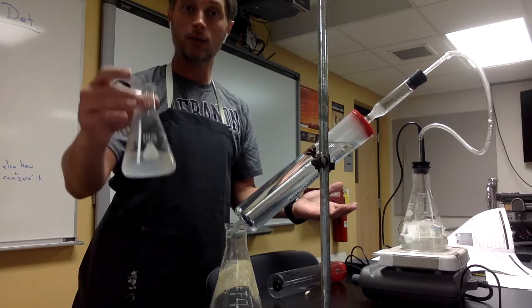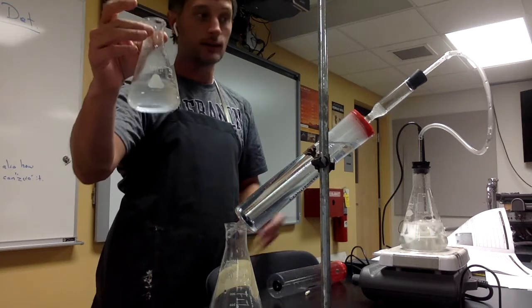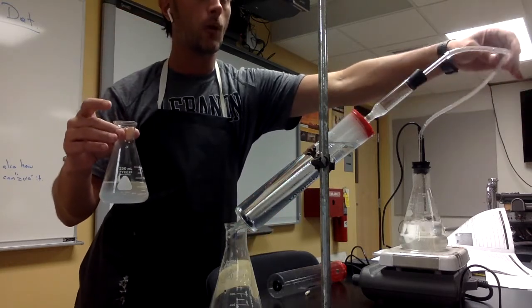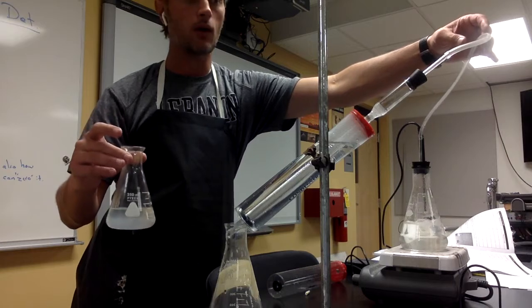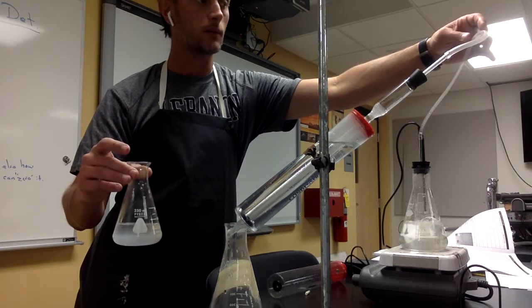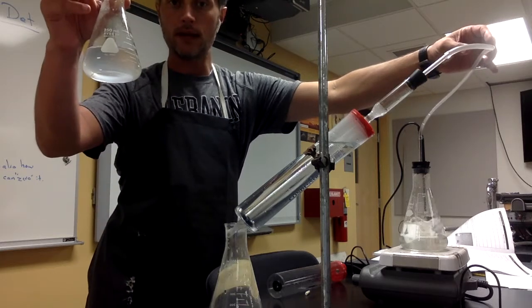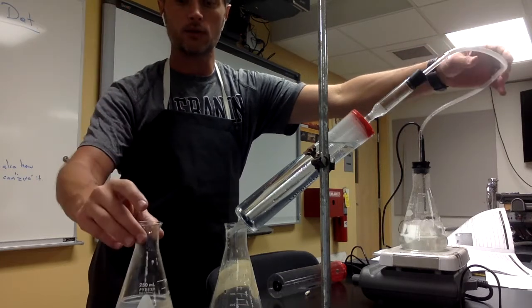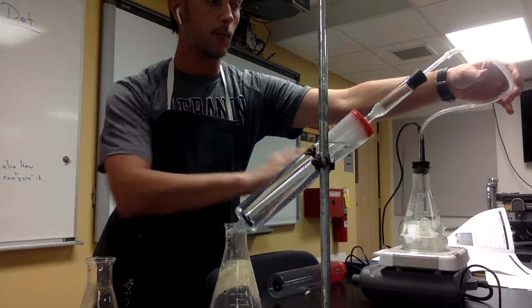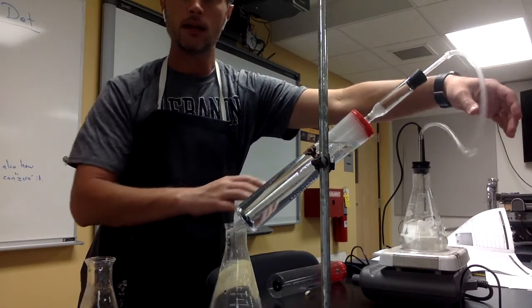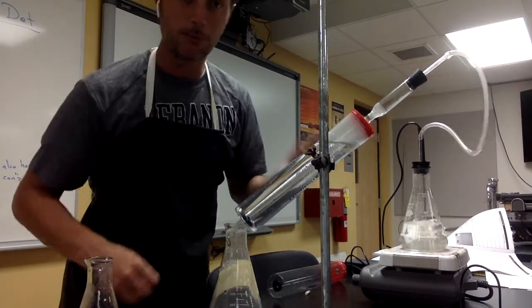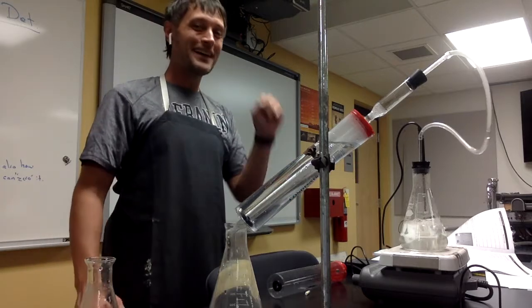This liquid stopped boiling for a while, and that told me that I boiled off all of this. And I let it go for a while so that I could make sure that all of my first liquid made it through the tubing, made it through the condenser, and had dropped down here. I watched it really closely to make sure the liquid hadn't boiled again yet.